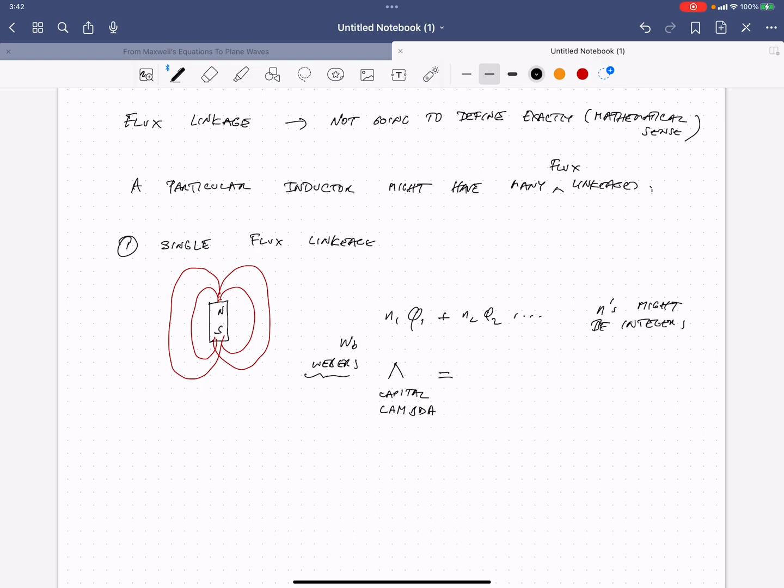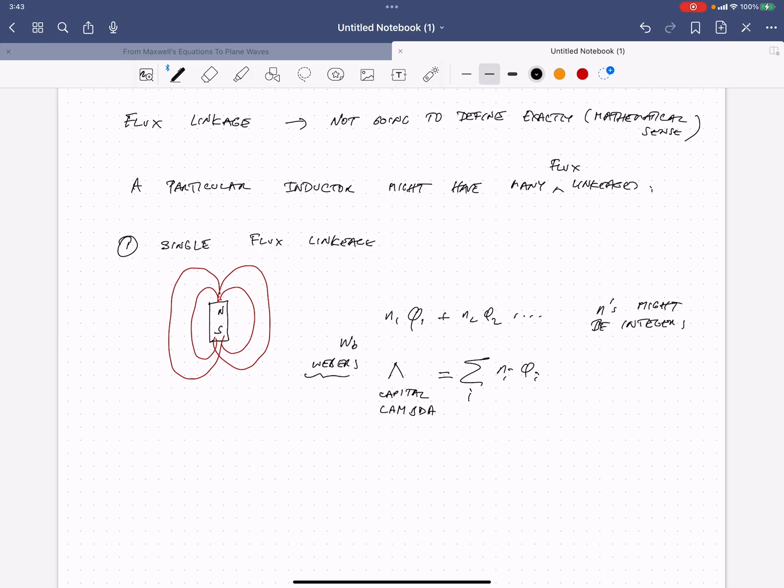And that is equal to the sum of all the flux linkages that are associated with a particular inductor, that are going through a particular inductor.